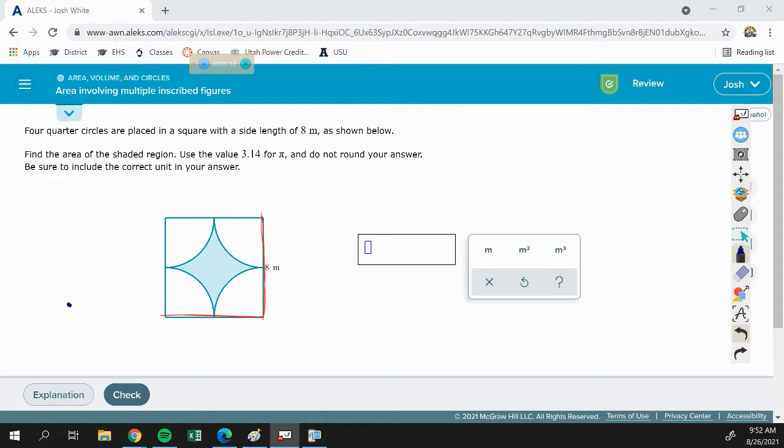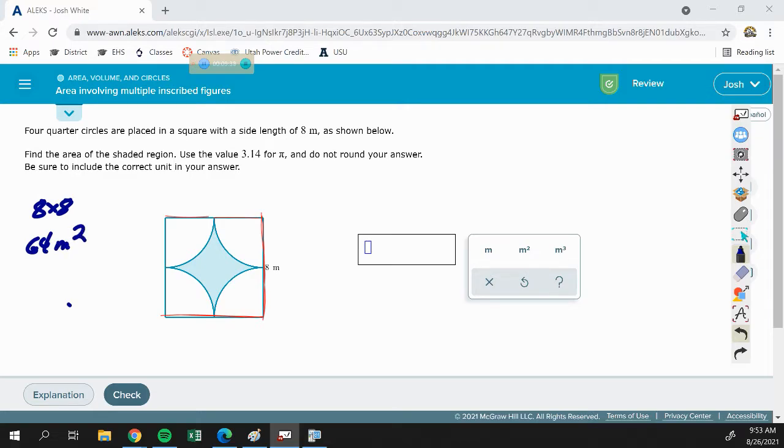Because it says that it's a square. Good. If it didn't tell you, would we know it's a square? We could guess, assuming that these are both radii. So the area of the square is going to be 8 times 8, which would be 64 meters squared.